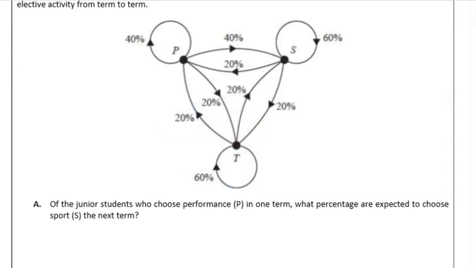Generally speaking, we start off with a really easy question, just interpreting the transition matrix. Of the junior students who choose performance in one term, what percentage are expected to choose sport the next term? We're asking for the percentage moving from performance to sport, and that would be 40%.